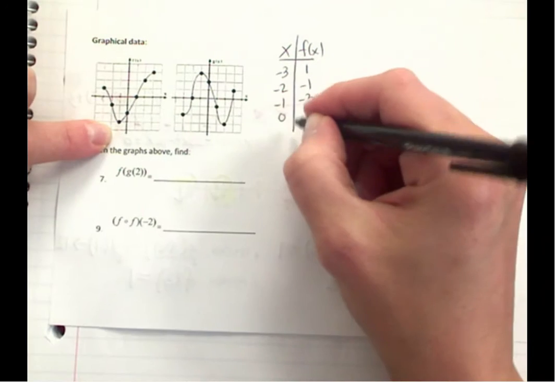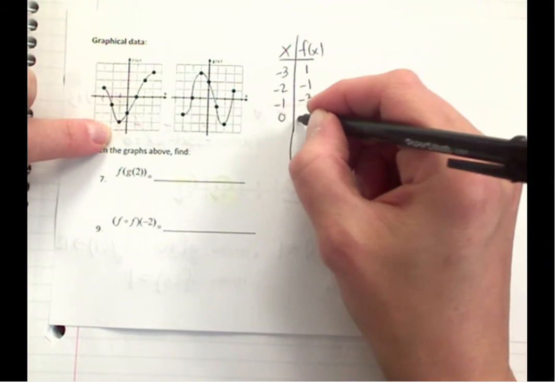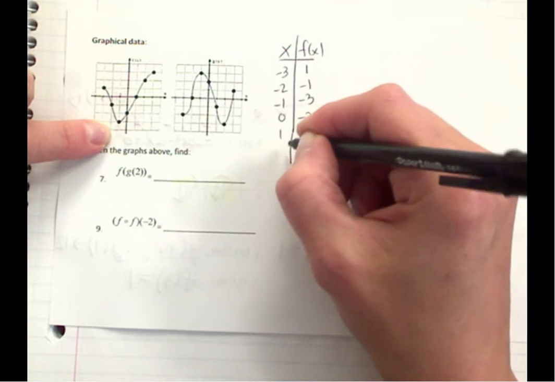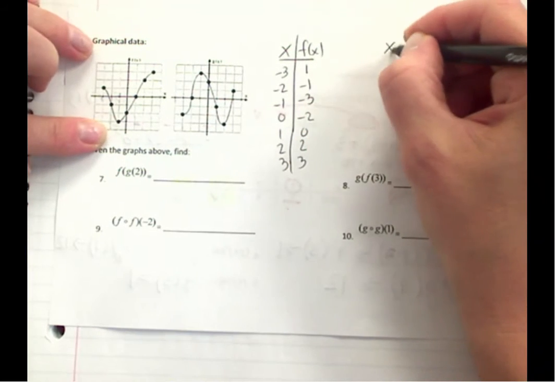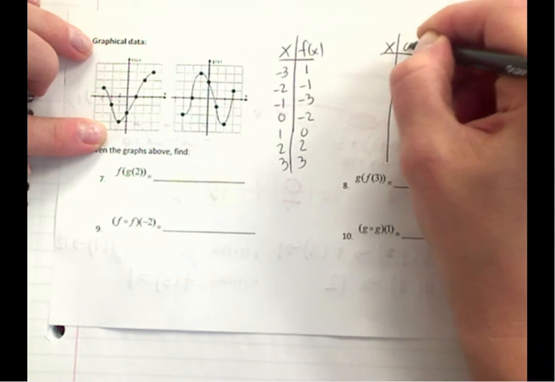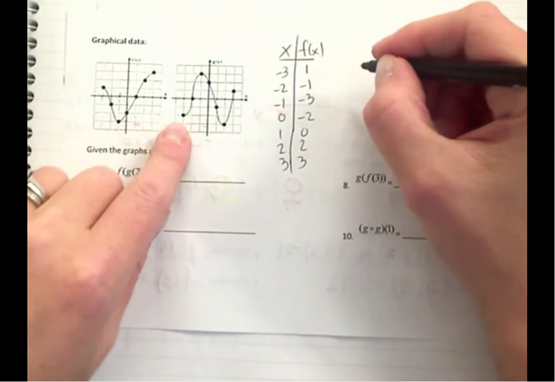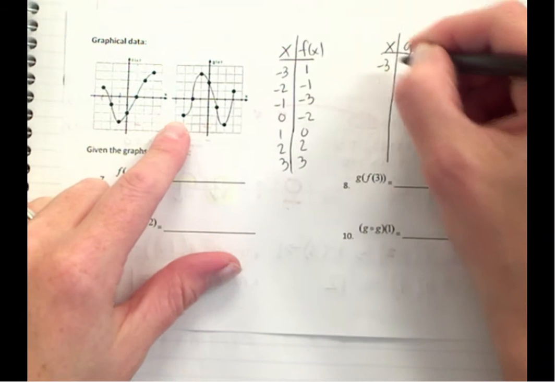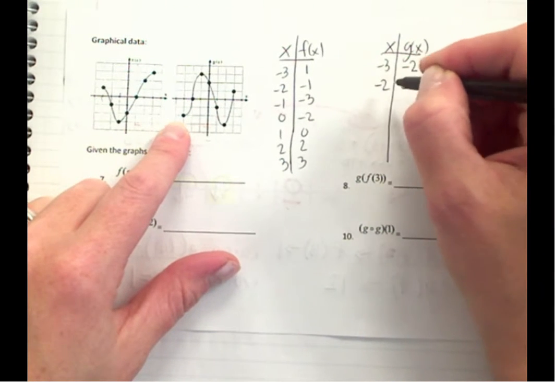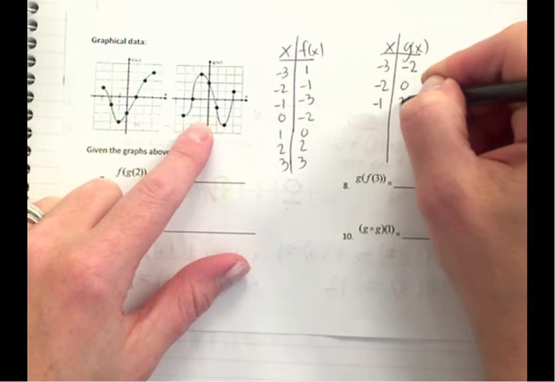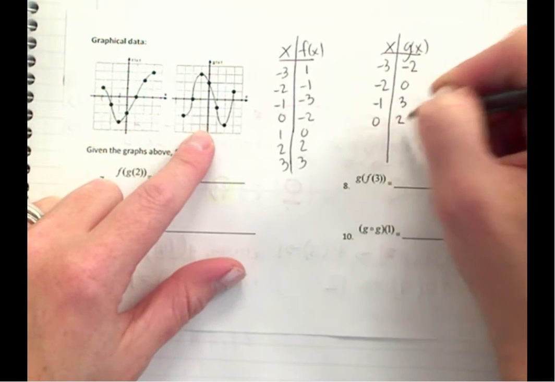Oh, that's a lot of points. 0, -2, 1, 0, 2, 2, 3, 3. You don't have to write them out. You can do it just graphically, but it might help make a few connections if you're still a little unsure.